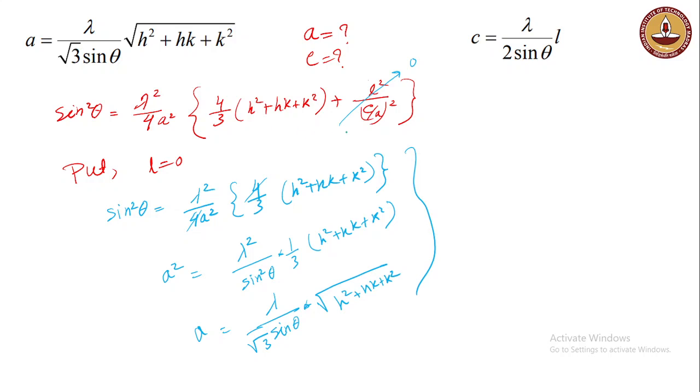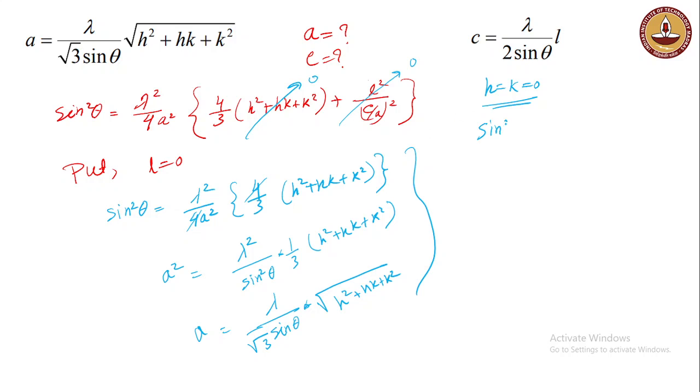Similarly, in the same equation, if I put hk value 0, then this whole part will be 0. Am I right or wrong? This whole part will be 0.